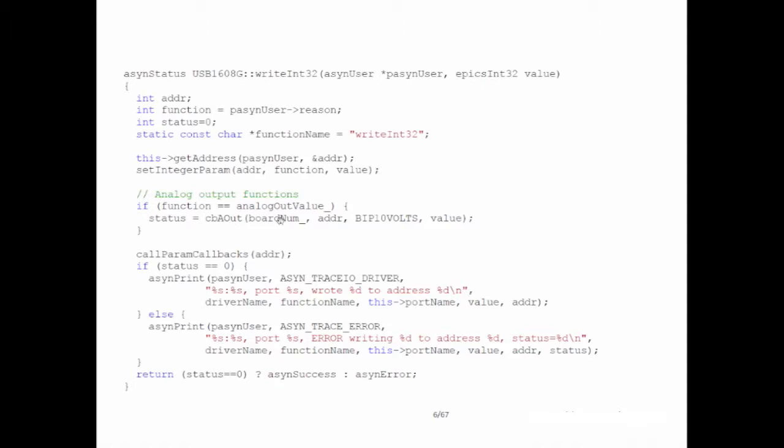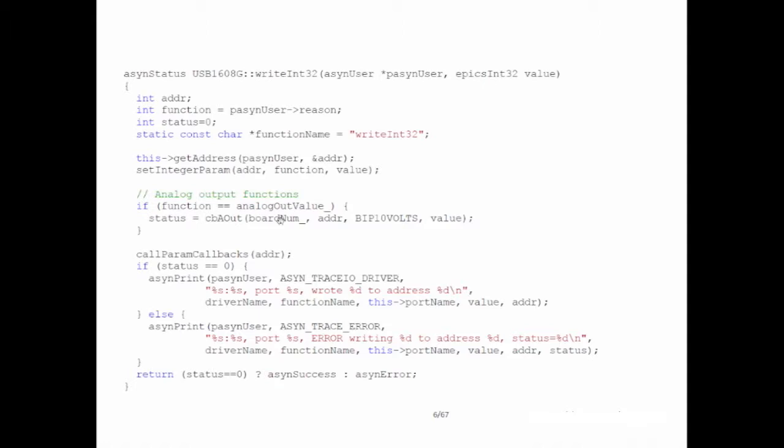So it's going to pass us this asynUser that EPICS device support created and connected to our driver for us, and then it's going to pass the value to be written to the device. So we've declared an integer address, and the function that's being described by this asynUser is based upon the pasynUser reason.